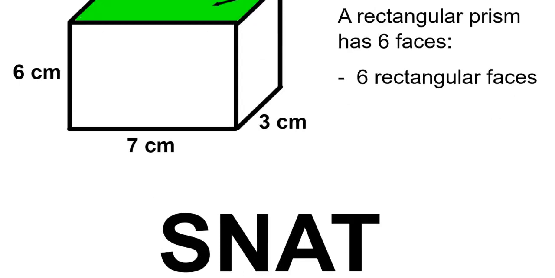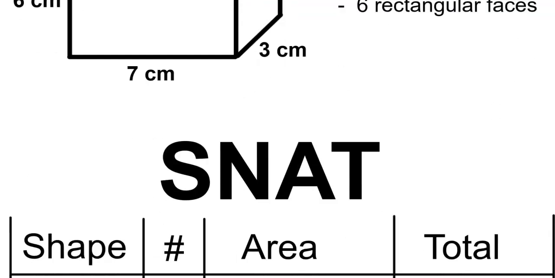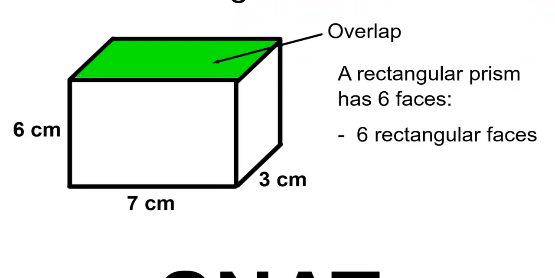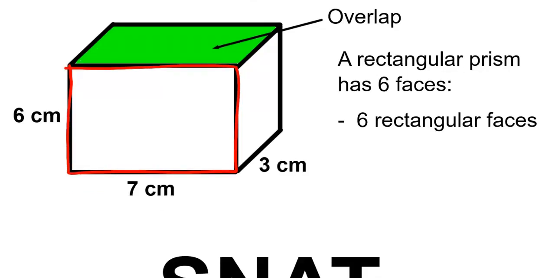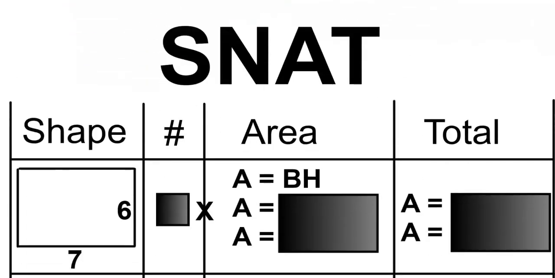So a rectangular prism does have 6 faces. Again, we'll use our acronym SNAT. The first face that we'll count will be this first rectangle, and there's a front and a back side. So it'll be a base of 7 and a height of 6, and there are 2 of them, as there is a front and a back.